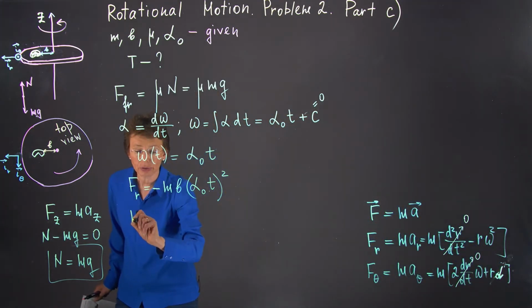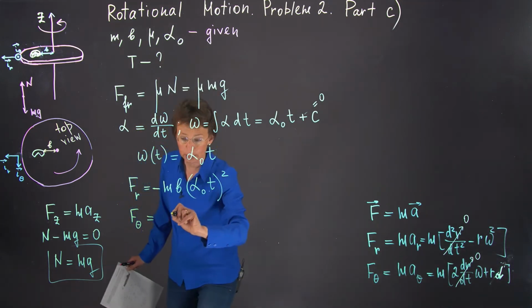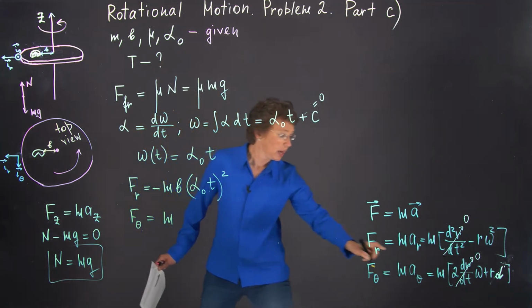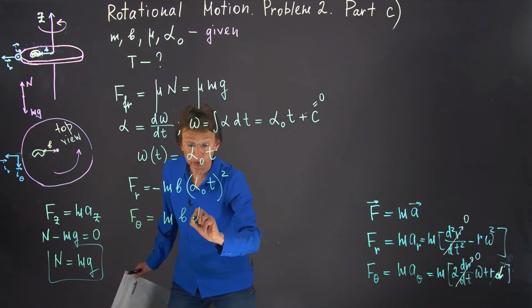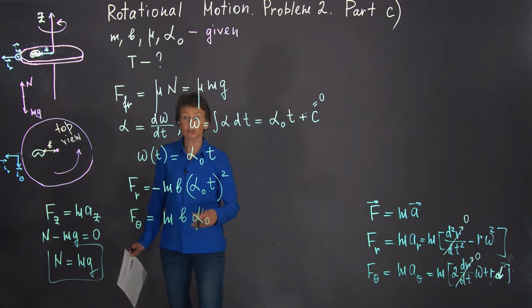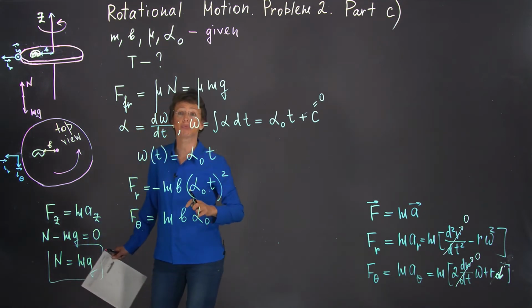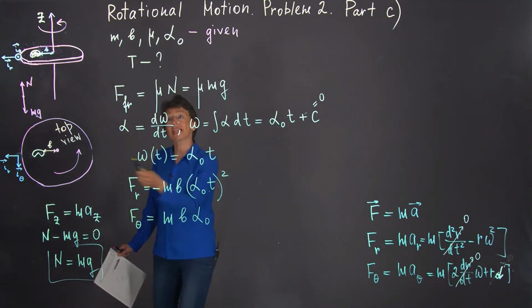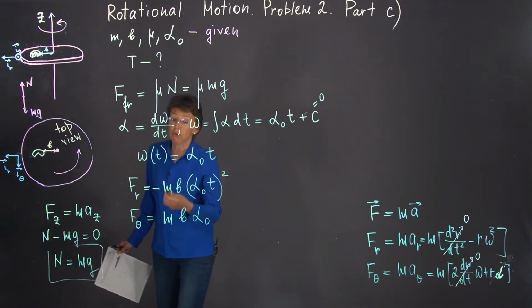So I have a non-zero tangential component, F theta, which is equal to m, and then r, which is b, and alpha, which is the given quantity alpha naught. Instead of having force of friction just in radial direction as we had before, now when this platform is accelerating, force of friction has both components.